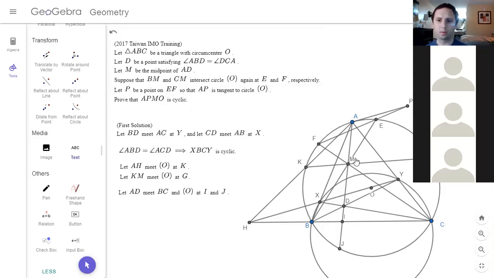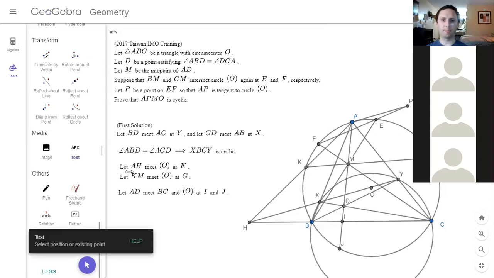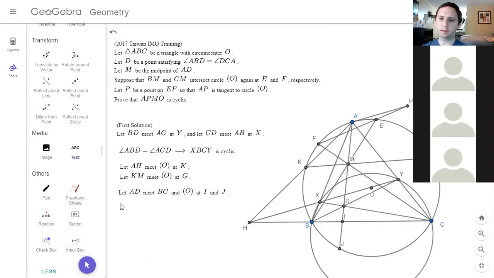I first claim that DK is perpendicular to AH because the quadrilateral BXYC is complete, and I can apply Brocard here. By Brocard's theorem, K is the Miquel point of that.